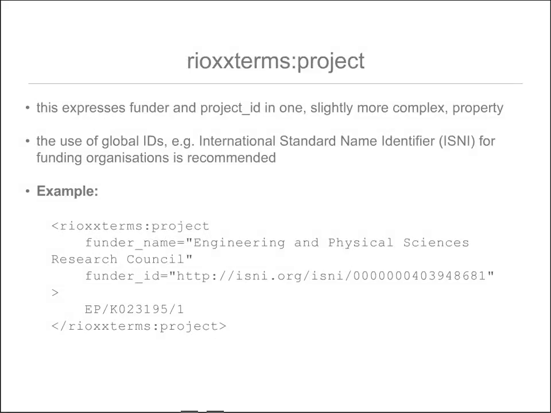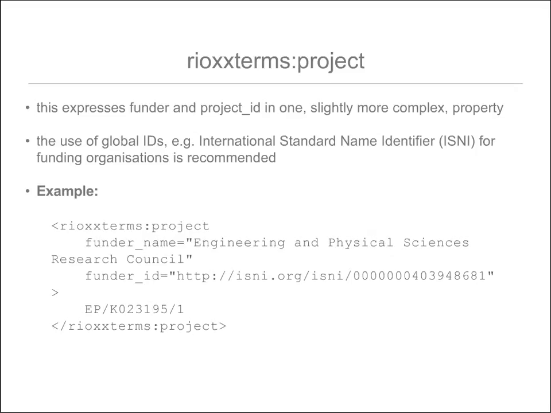And the other property, which took some time to work out, was the way of relating funders and projects and project IDs together. We had very much tried to keep RIOXX as a simple, fairly flat structure, and this was one of the few exceptions where we had a slightly more complex property structure, but as you can see, it's not particularly complex.